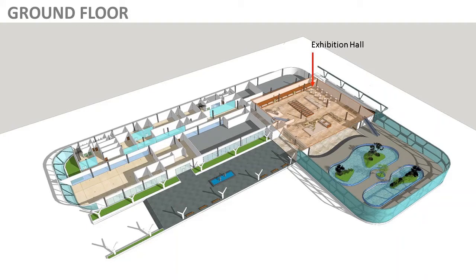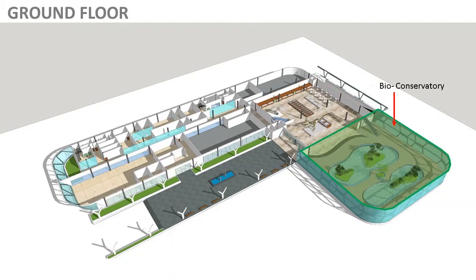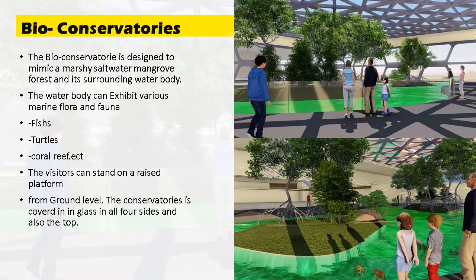and the entry to the science center is to the exhibition hall. The next area is the bioconservatory. The bioconservatory is designed to mimic a marshy saltwater mangrove forest, and this mangrove forest is surrounded by a water body. This water body will be exhibiting various flora and fauna like fishes, turtle, and coral reef.